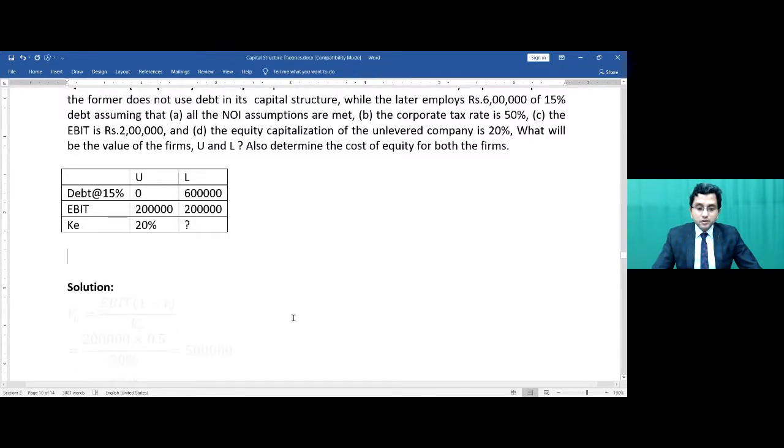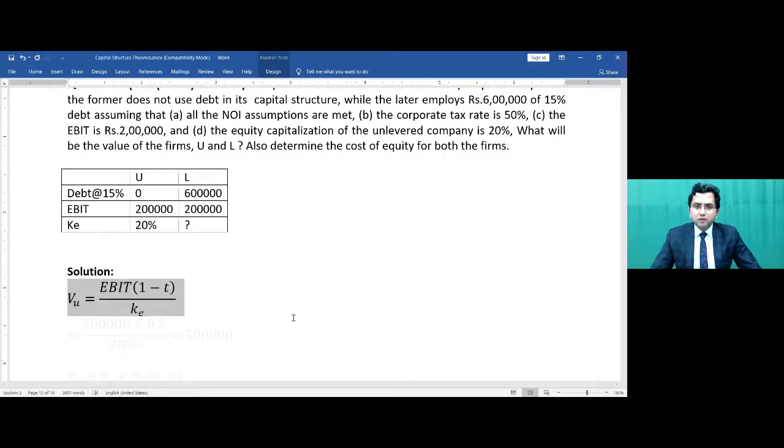So now, the solution for this situation: tax rate is 50%. There are fixed formulas to solve this situation. First of all, the value of unlevered firm is EBIT multiplied by 1 minus tax rate, divided by cost of equity. In the case of an unlevered firm, there is no interest.